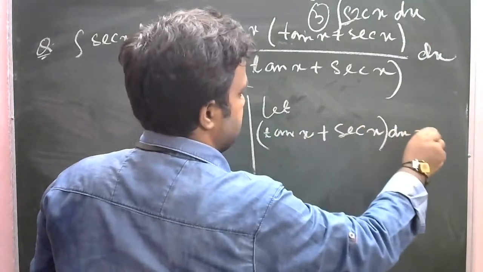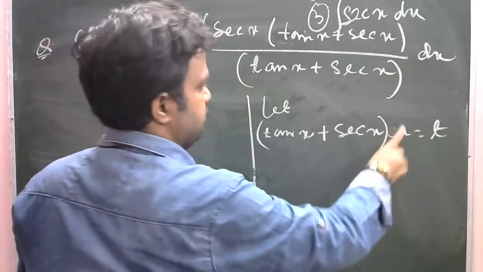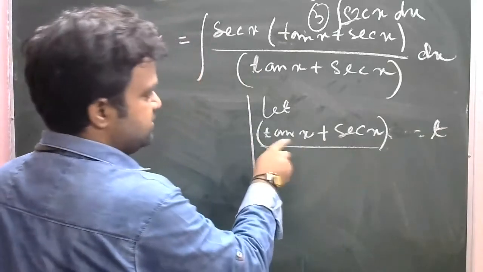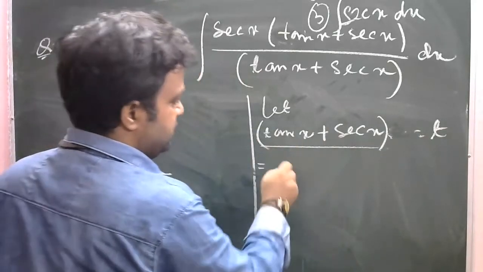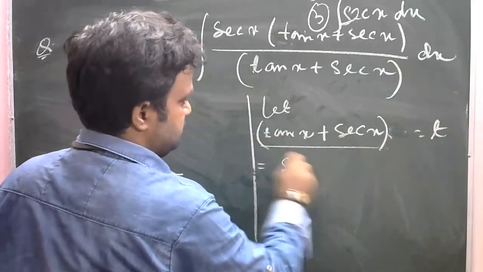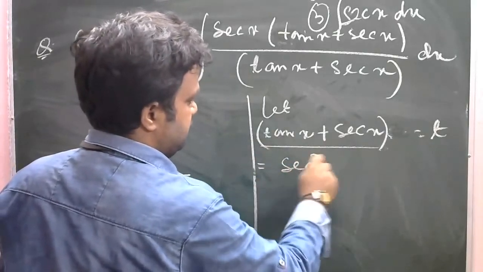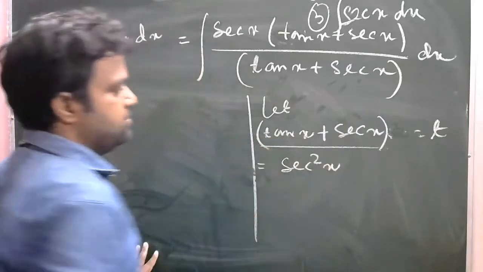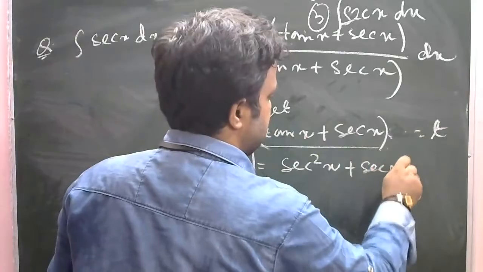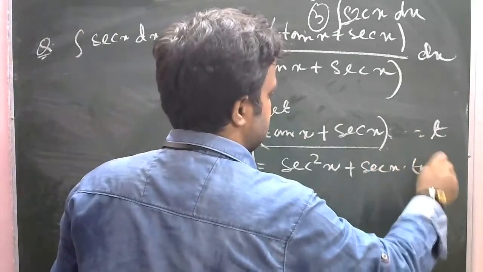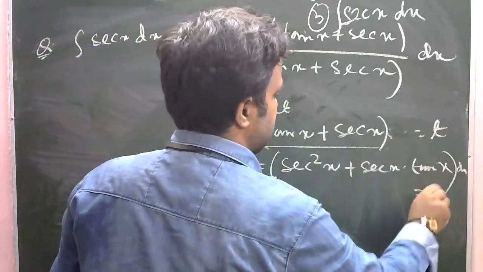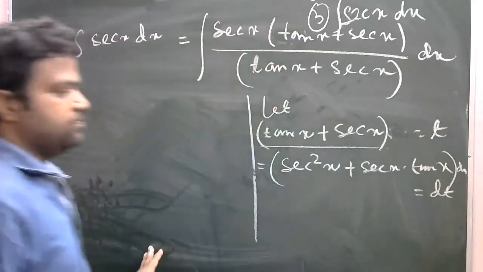Now the differentiation: what is the derivative of tan x? Sec square x, and sec x tan x, all dx is equal to dt.